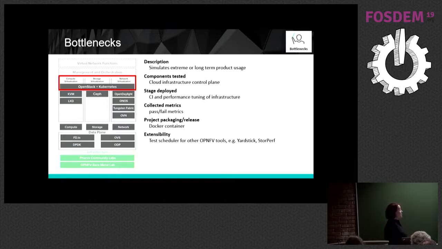And in terms of extensibility, you can add more test cases to it, or you can modify the test cases that are there to meet your own requirements. And if you have other test tools, it's a fairly straightforward process to actually integrate those into Bottlenecks to use it for the system limits testing. Does anyone have any questions about Bottlenecks?